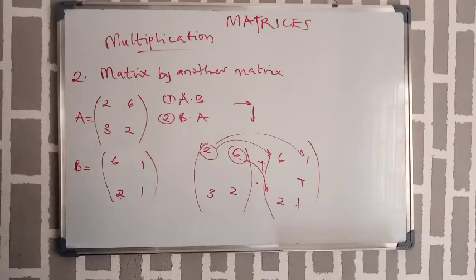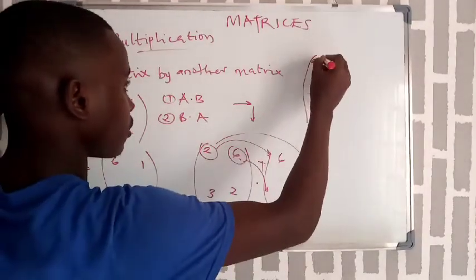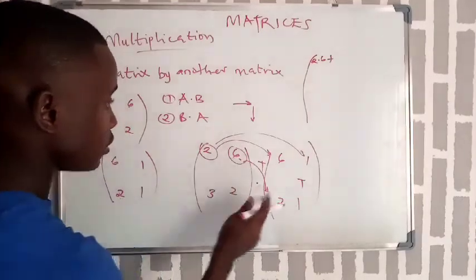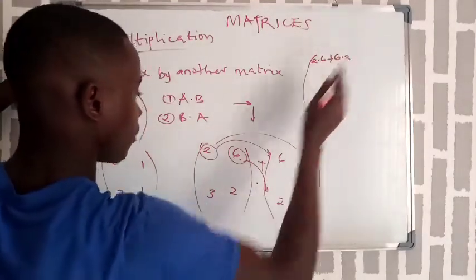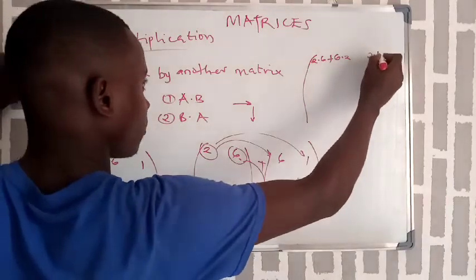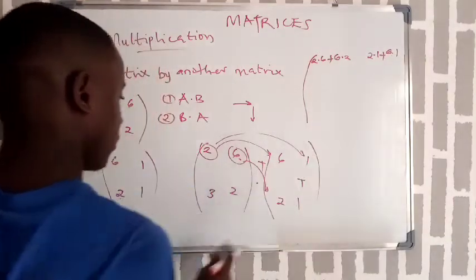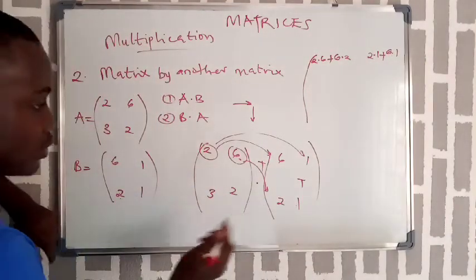So what we are going to have is 2 dot 6 plus 6 dot 2, and now 2 dot 1 plus 6 dot 1. Now the same thing happens down here.